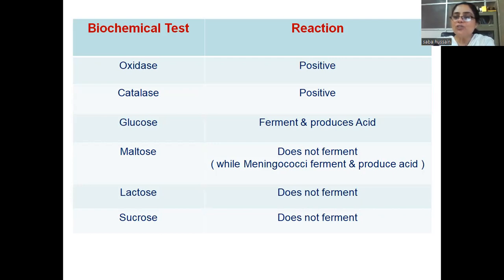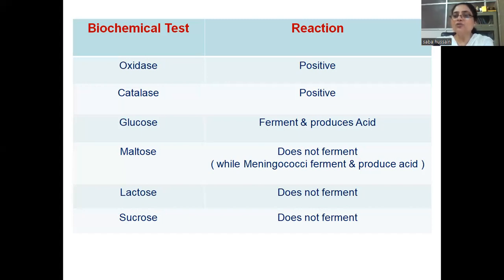It can ferment glucose and produce acid. It cannot ferment maltose. Very important character in MCQs. A lot of MCQs you will be asked: what is the major difference between the biochemical tests of Neisseria gonorrhoeae and Neisseria meningitidis, or gonococcus and meningococcus? Otherwise, all the biochemical tests of gonococcus and meningococcus are the same, while the only difference between the two is maltose.